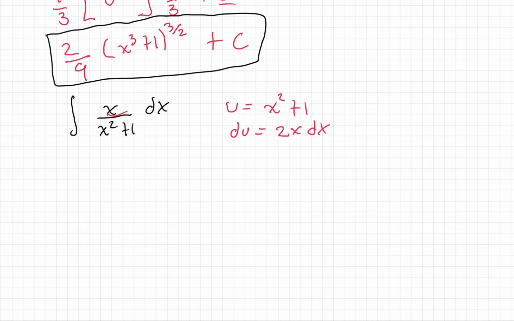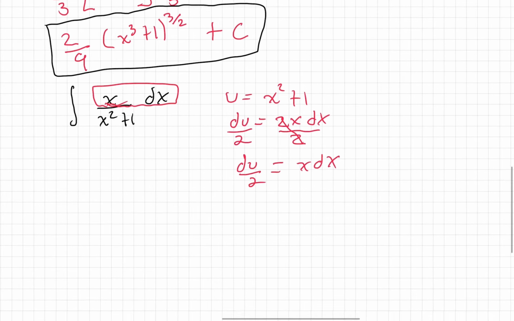Now we do the same. We can divide by 2 here and divide by 2 there. This 2 essentially cancels out, so we can simplify a little bit here to x dx. Now you see that this matches that. So du over 2 equals x dx.